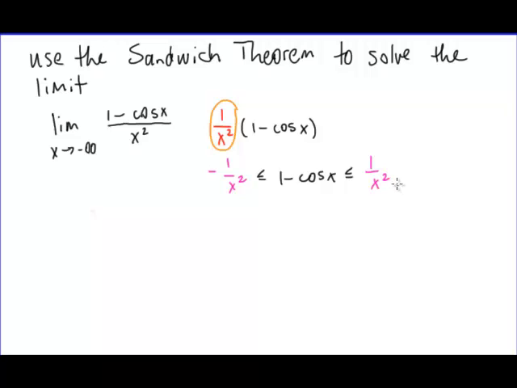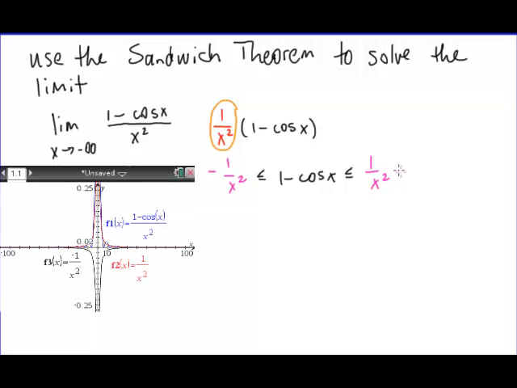I'll show you a graph right now as well so that you can see how these graphs look. Then take the limit of just the front piece and the limit of just the back piece, and these become the outer edges of the sandwich, and whatever happens in between them has to stay between them.